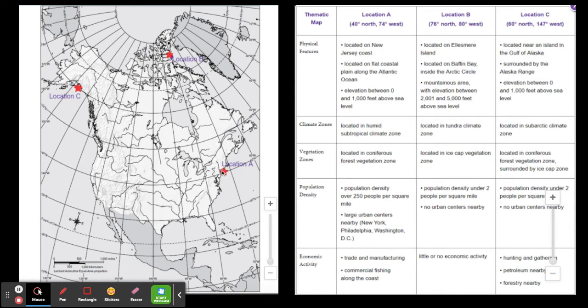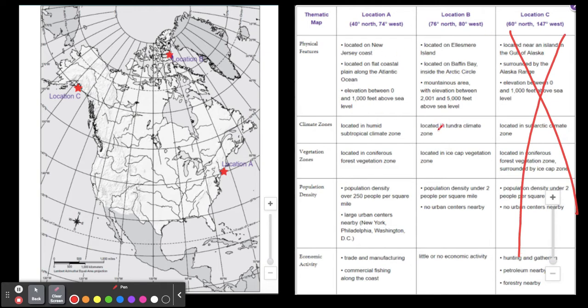Location B is located right up here, on Ellesmere Island, off of Baffin Bay by the Arctic Circle. It's not going to be location 3 because we've already seen that picture, so it's not one of our options. As we go through our options, you can ignore these boxes over here. We're just going to focus on this.